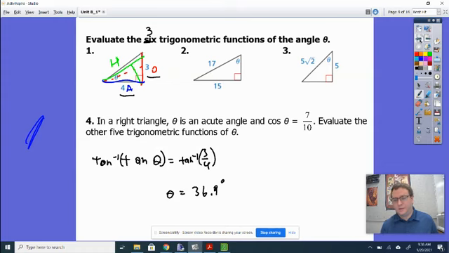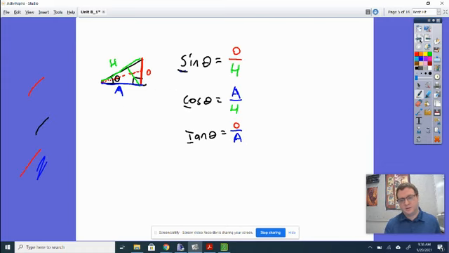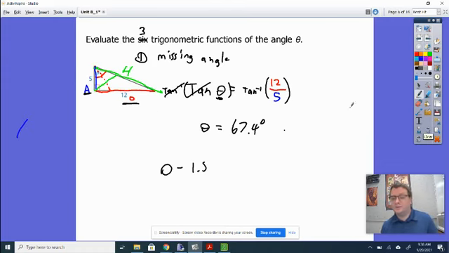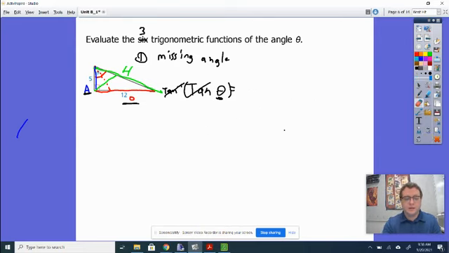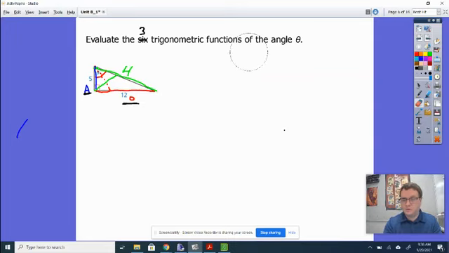Now, the other side of this is the ratios, and that's what these questions were asking originally. So let's look at that. To find all the ratios, I need to know all 3 sides.